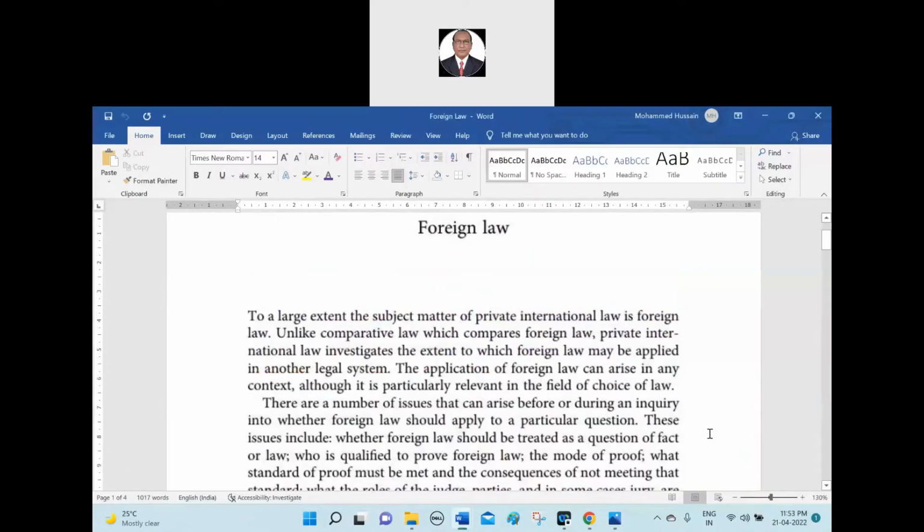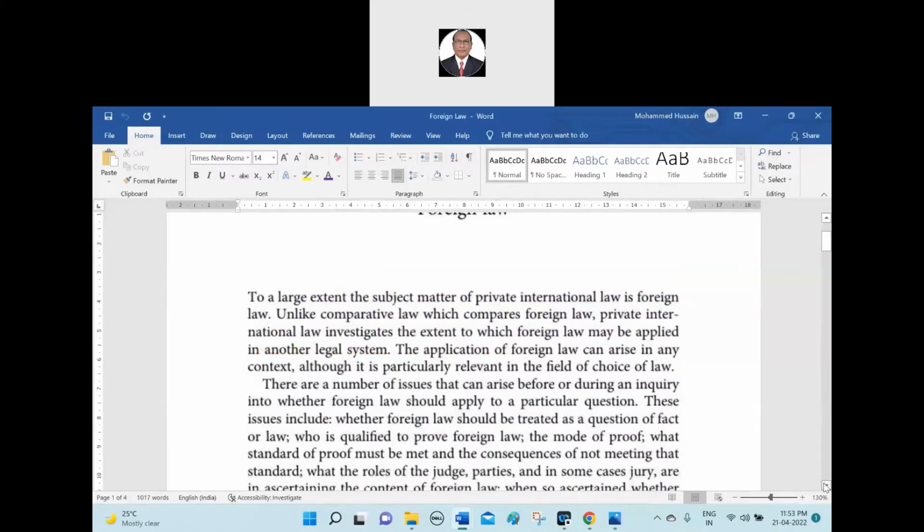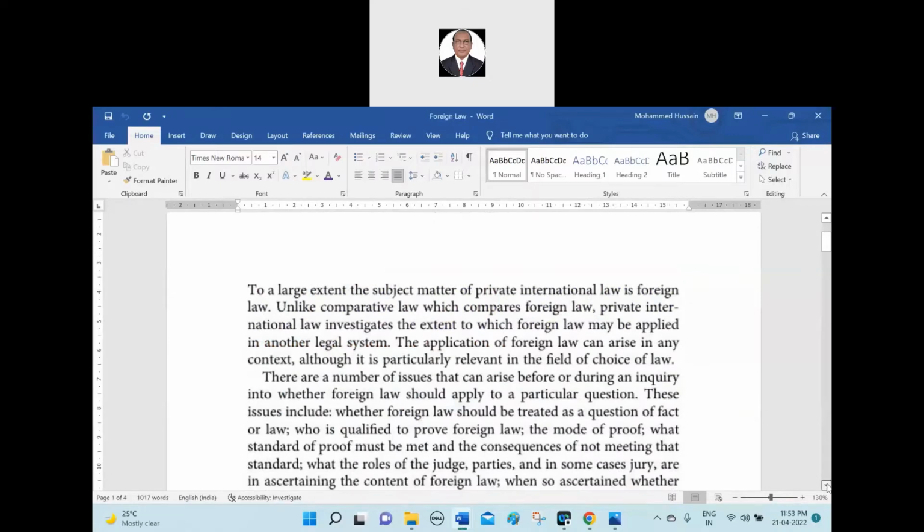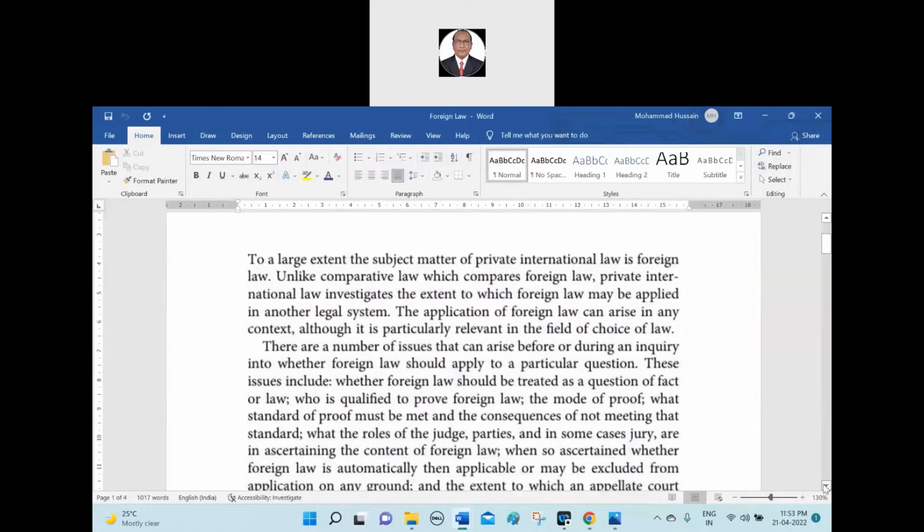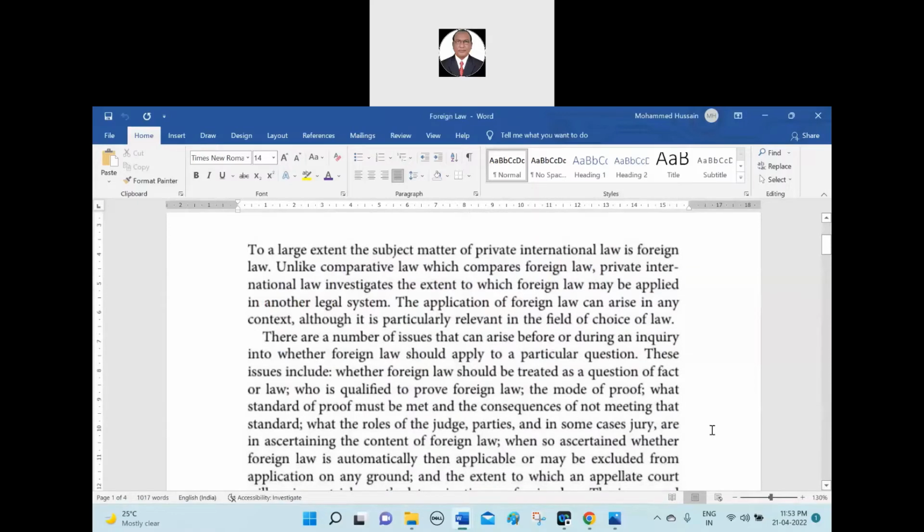Now let us see that there are a number of issues that can arise before and during an inquiry into whether foreign law should be applied to a particular question or not. Whenever you apply foreign law, a number of questions come up. Suppose the foreign law is contradictory with the local law of the land. For instance, can Kenyan law be applied, whether it is in contravention with the law of Tanzania or not?